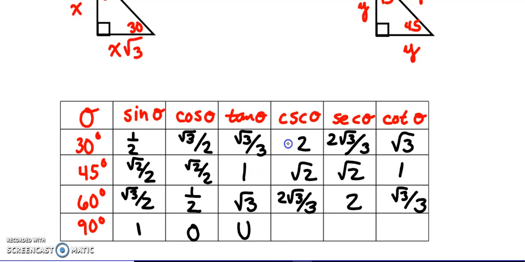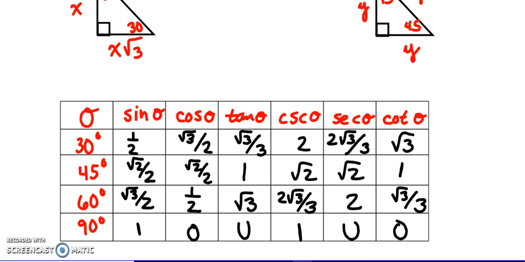That's an asymptote when you look at the graph. Cosecant would be 0, I believe. No, 1. Secant would be undefined, and cotangent would be 0.